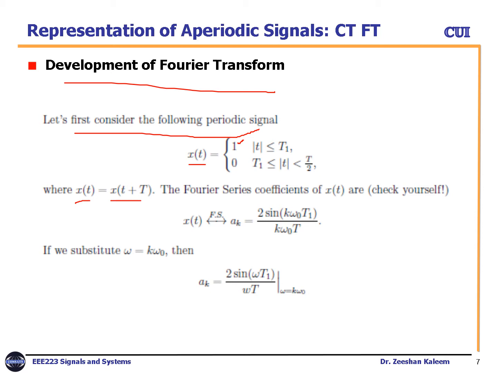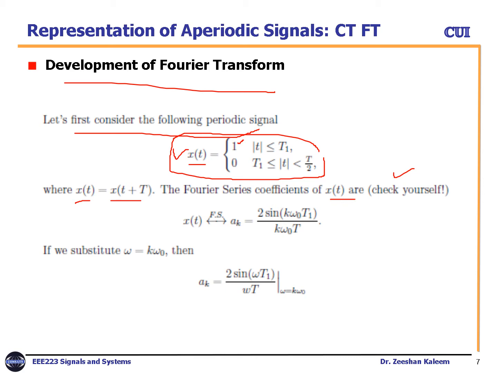The Fourier series coefficients of x of t: previously in an example we already solved this signal, because this is a square wave type of signal. Here we are just referring to it, and you can solve it yourself again if you want. So x of t is your periodic signal and you want to find the Fourier series. a k is the Fourier coefficient.